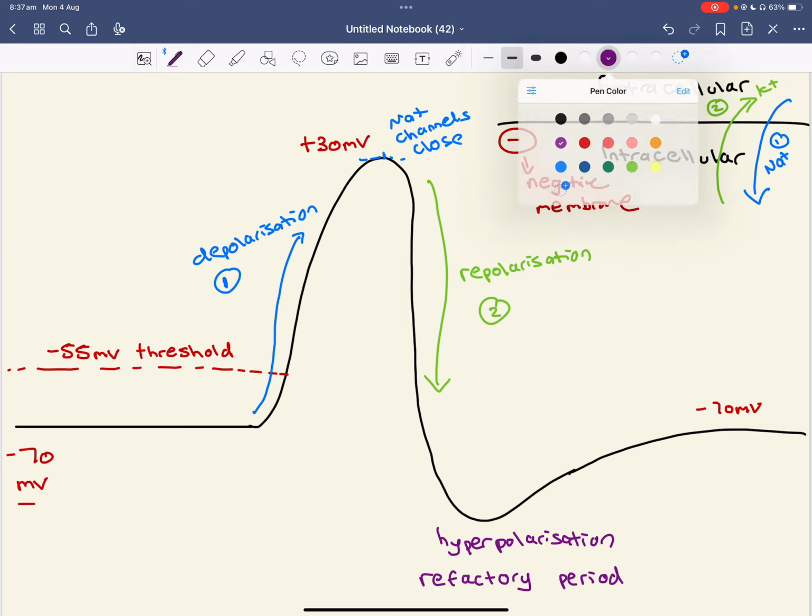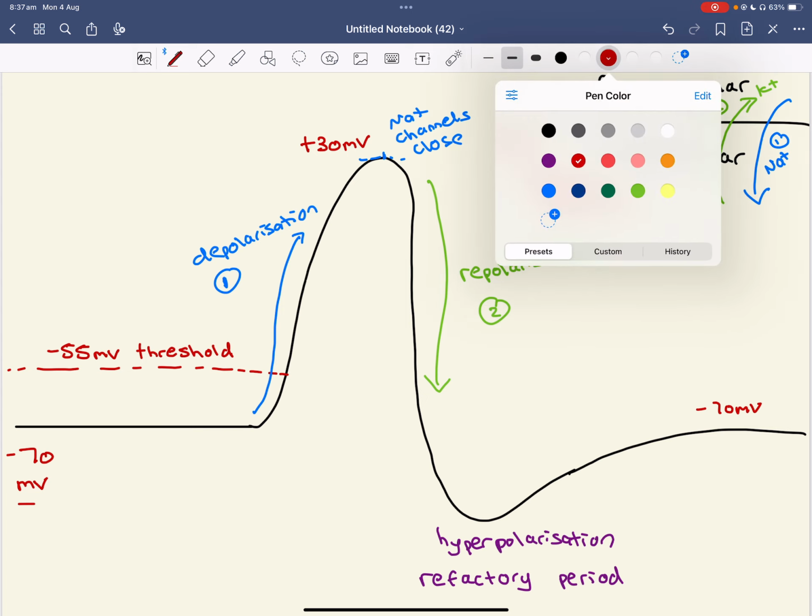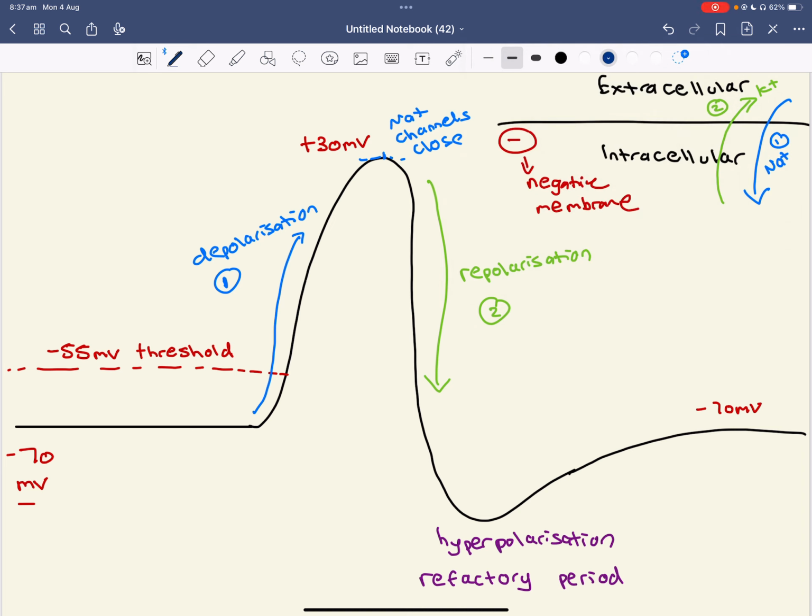And then during this time, to get back to the original membrane potential, potassium channels have closed. Inside the cell, if you remember, there's the sodium-potassium pump, which brings 3 sodium outside the cell and 2 potassium in.